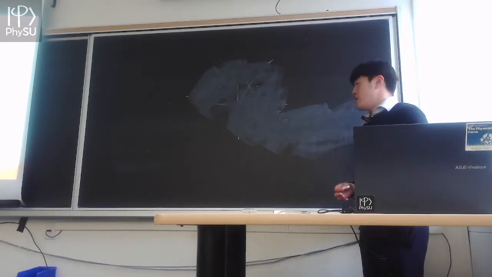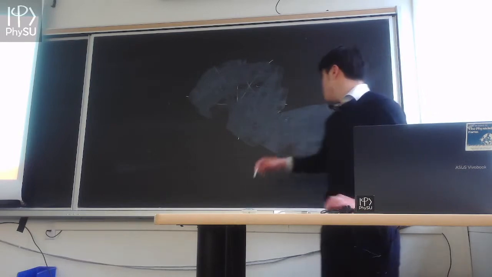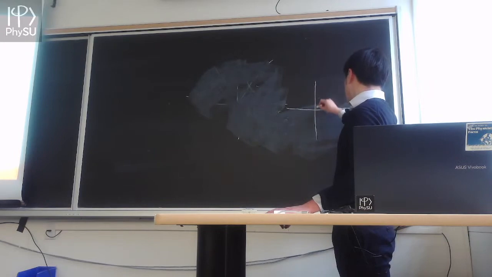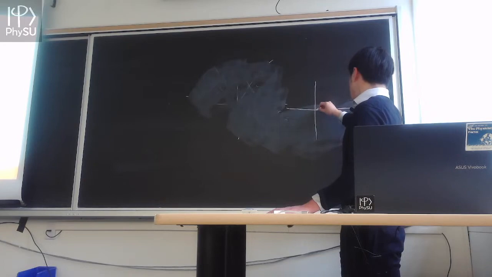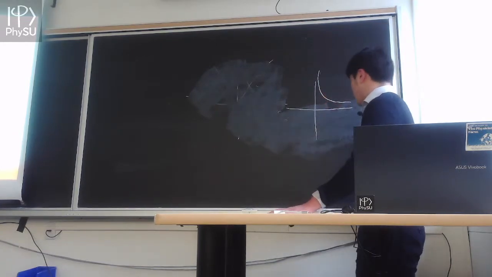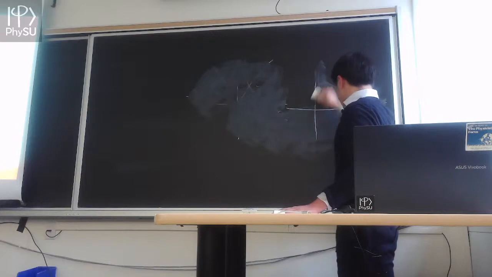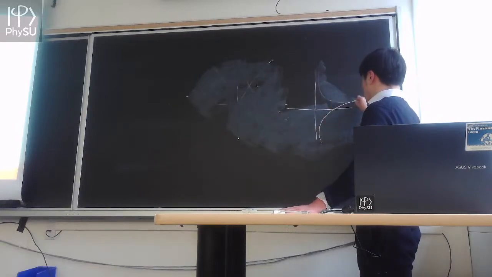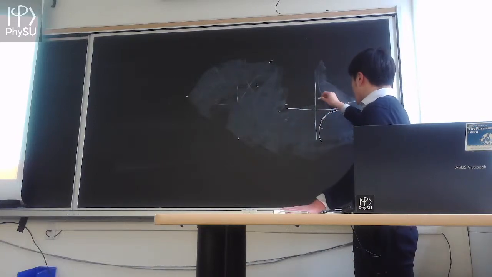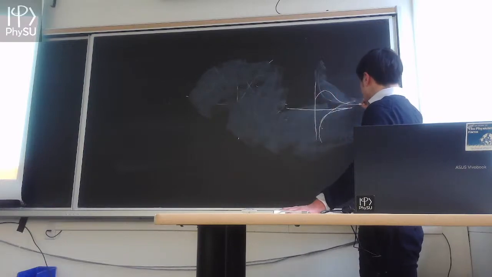So what's done in a lot of DFT computations is, instead of a Coulombic potential like that, or I guess since it's attractive, it looks more like this, you replace it with a potential that accounts for the core electrons.